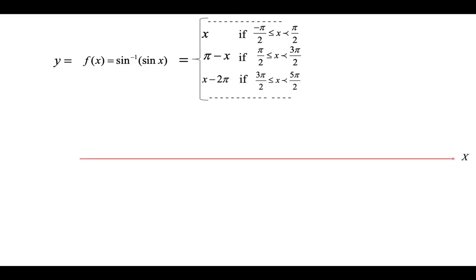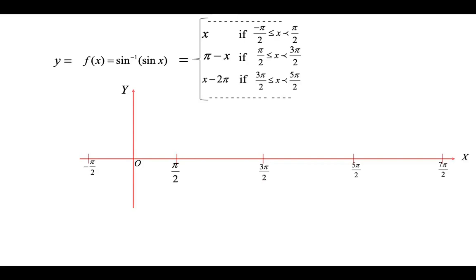So let us try to trace its graph. This is the x-axis, this is the y-axis, and this is the origin. These points are π/2, 3π/2, 5π/2, 7π/2, and this is −π/2.